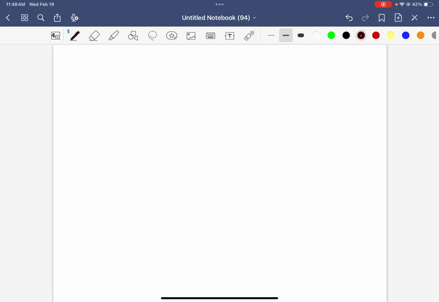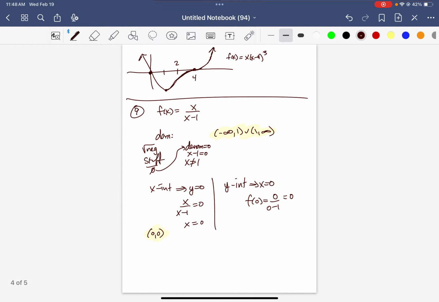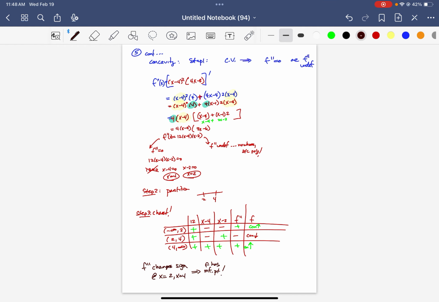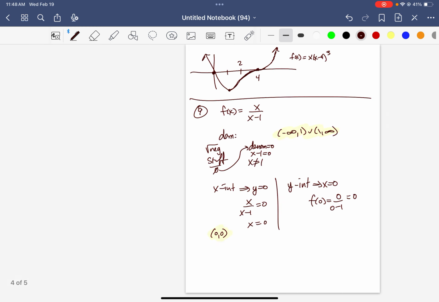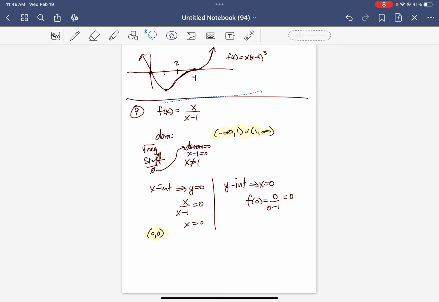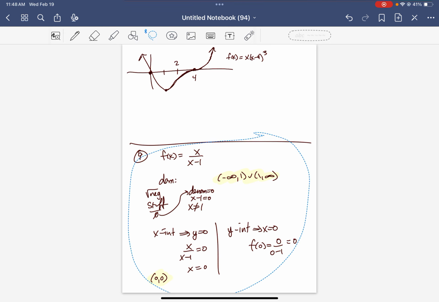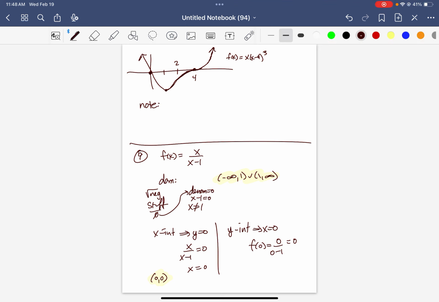So if I take 9 and continue, I need to now do increasing. Oh, crap. On that last one, I guess I didn't do my asymptotes. But just to go back and talk about asymptotes on that, let's remind ourselves. I'll put a little note here. Sorry about that. So note, vertical asymptotes are where the denominator equals 0.